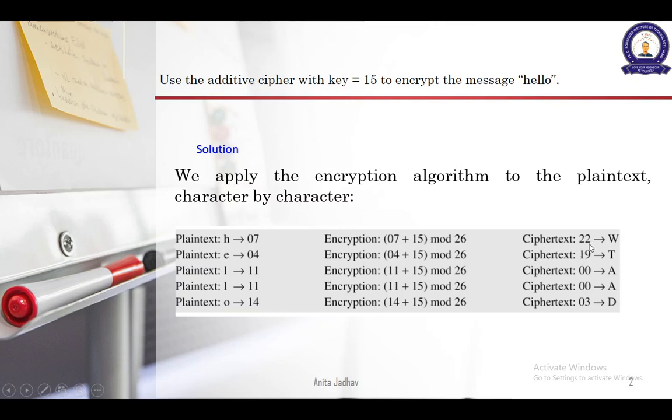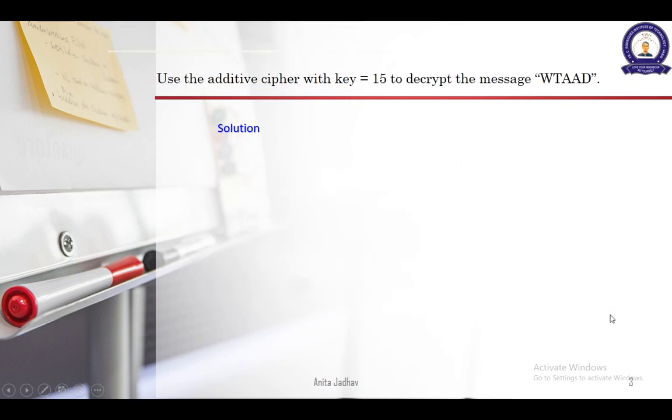So the cipher text is 22, and I note down from alphabet A to Z where this number 22 is. So 22 is W. Then I write 19, then you have T. So then I have my cipher text as this. So I should ideally write down hello, and it is converted into a cipher text as this.